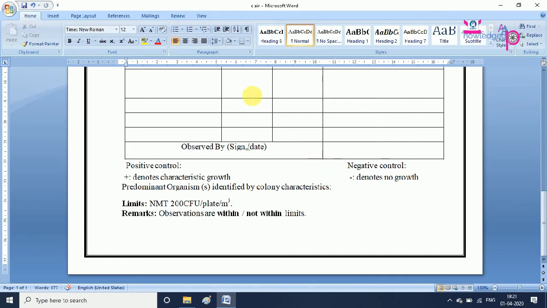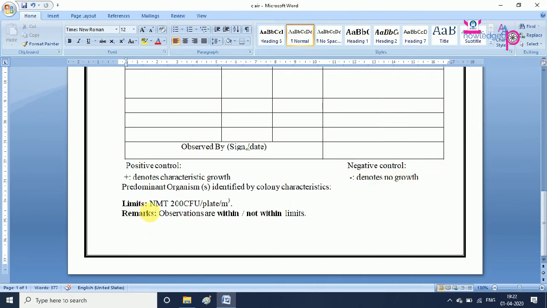After completion of filling this report, for positive control and negative control, if we found growth, we have to write how many here. If we found no growth, then we have to use the remark here.